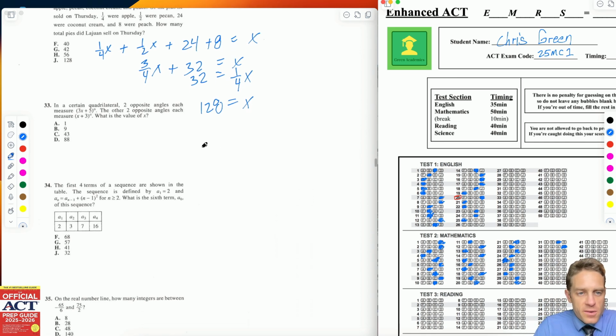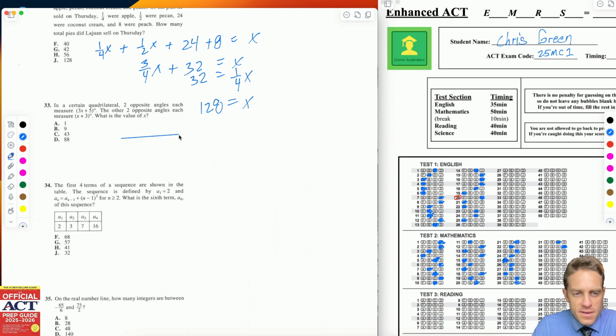In a certain quadrilateral, 2 opposite angles each measure that. The other 2 opposite angles each measure that. It looks like that makes a parallelogram, right? So 3x plus 5, 3x plus 5, x plus 3, x plus 3. Well, you could have said that all 4 of these add up to 360, or perhaps more simply, you could say that this and this together makes a straight angle.